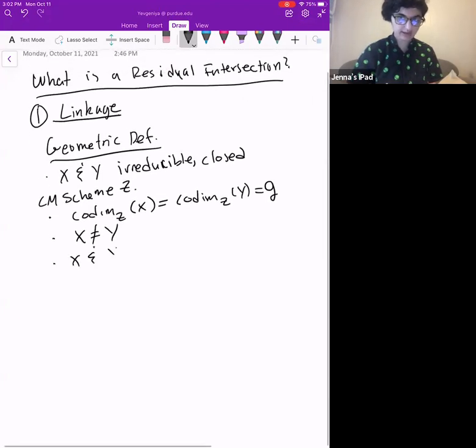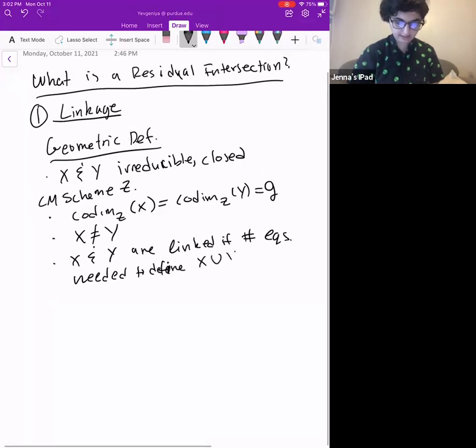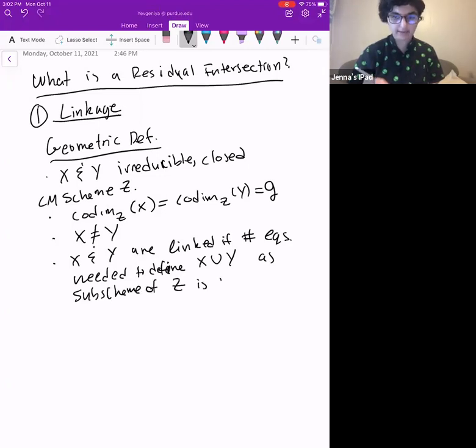Then X and Y are linked if the number of equations needed to define the union of X and Y as a subscheme of Z is at least g.